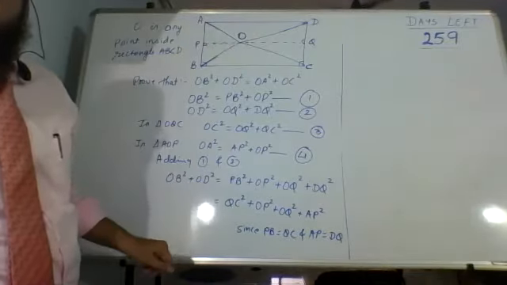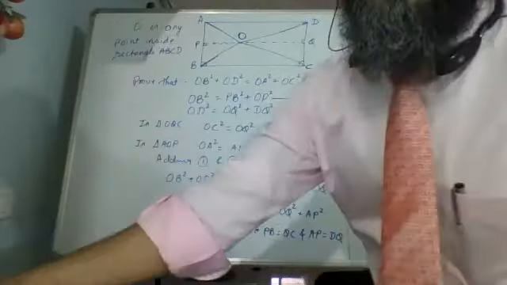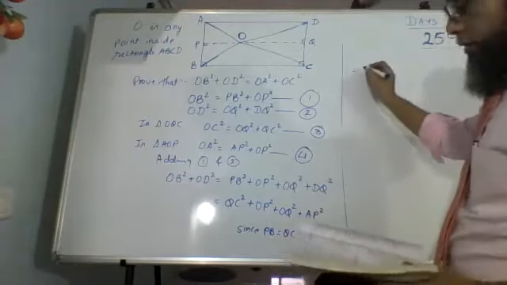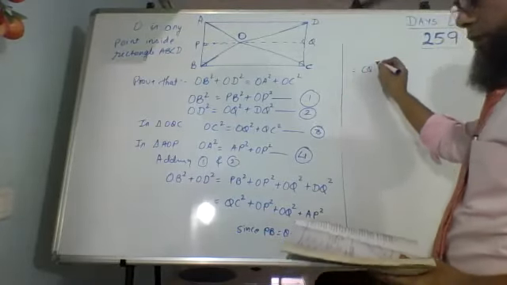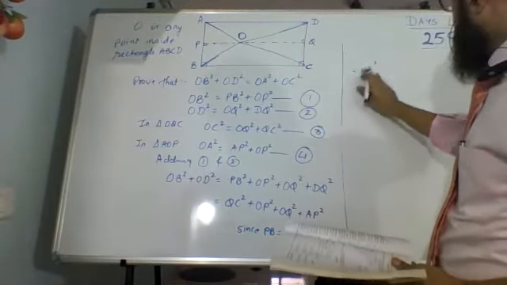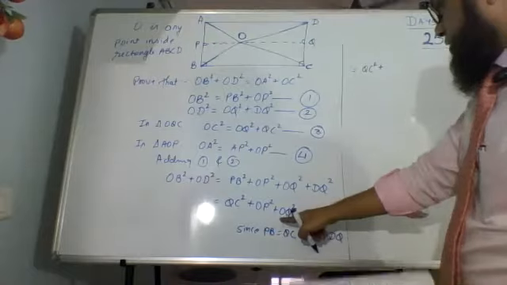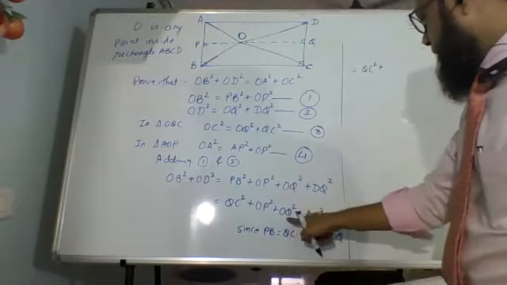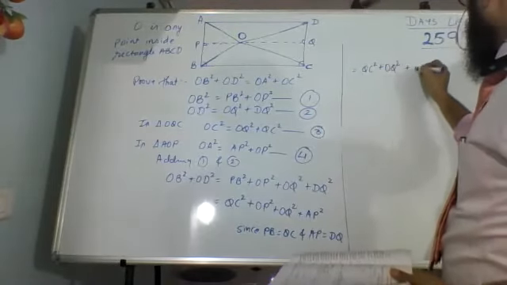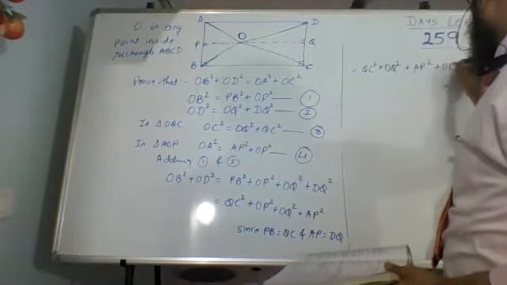इतना तो हो गया. Now let's move further. This becomes QC square, plus, I'm just rearranging this, plus OQ square plus AP square, plus OP square.